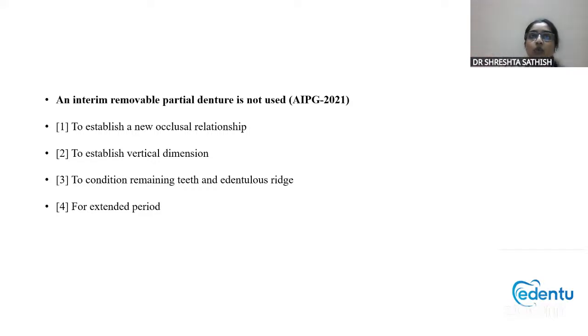That is, in case you want to increase the vertical dimension for a collapsed vertical dimension case, you give an interim denture with an increased height. To establish vertical dimension, yes. To condition remaining teeth and the edentulous ridge, that is, to get the teeth and the ridge accustomed to using a removable partial denture, you can use it. But not for a very long period of time.